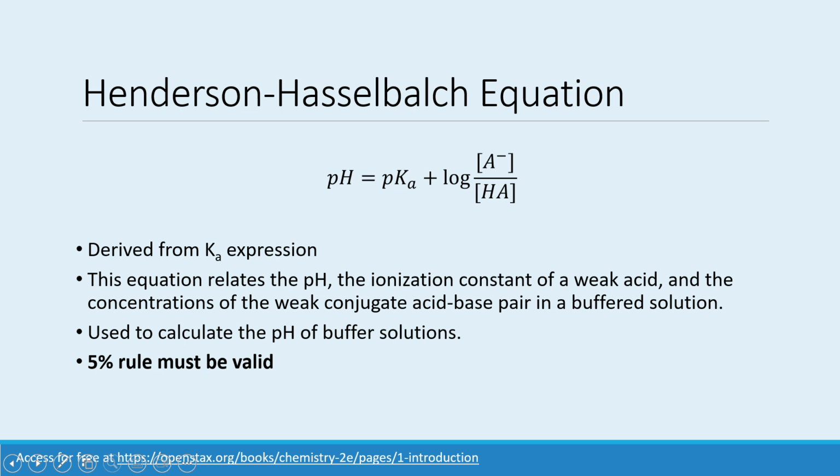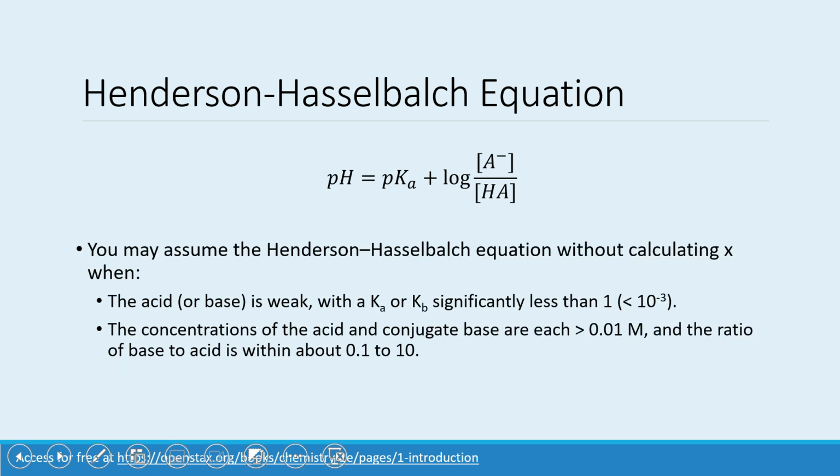Now, in order for this equation to work, there are several factors that we need to check. Okay, so that's kind of the catch to this. The 5% rule must be valid. Okay, and we've got several other rules here. So if we want to use the Henderson-Hasselbalch equation, then we have to have weak acids and weak bases. And how we know that is we're looking at that Ka or the Kb value, and it needs to be less than 10 to the negative third.